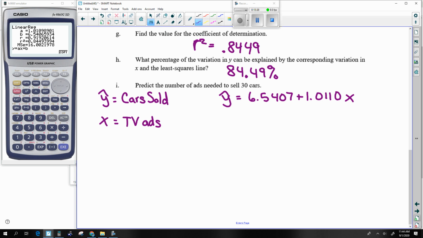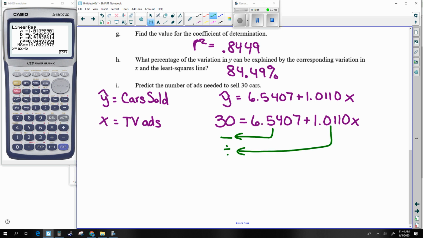So if I sold 30 cars, that 30 is literally the letter Y. So 30 goes in for the letter Y. Again, algebra skills, you subtract off that and you divide by that.